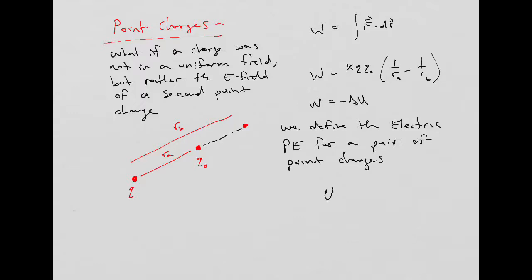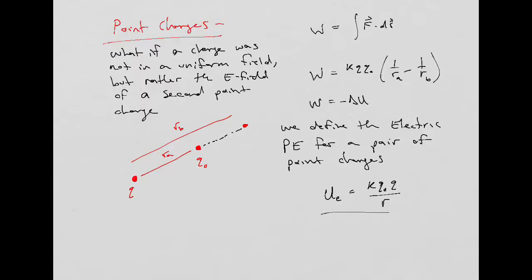And this was U_E is equal to Q naught Q over R. Okay, this is a big result. Remember, it tells you that the potential energy when these charges are separated by a certain distance that we're calling R is a shared quantity, right?